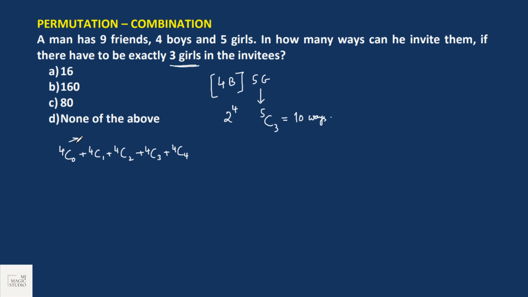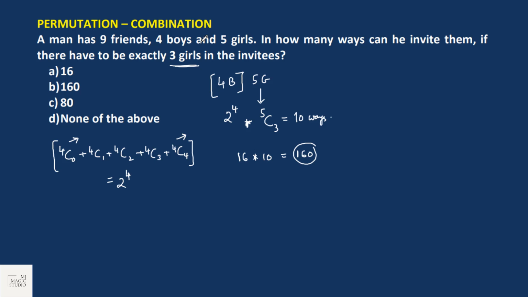This means he is not going to invite any boy, and this means that he is going to invite all 4. So any one of these cases may happen. He may not invite a boy, or he may invite 1 boy, 2 boys, 3 boys or 4 boys. Now nC0 till nCn is given by 2 to the power n. So in this case, its direct value is 2 to the power 4. So total number of ways in which this can be done is 16 into 10, that is 160.